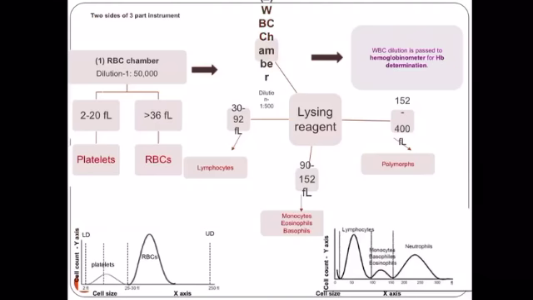First, we will see the RBC chamber. In the graph, you can see the size of the platelets from 2 to 30 femtoliter, and the size of the RBC.